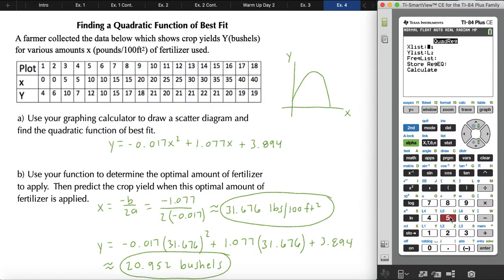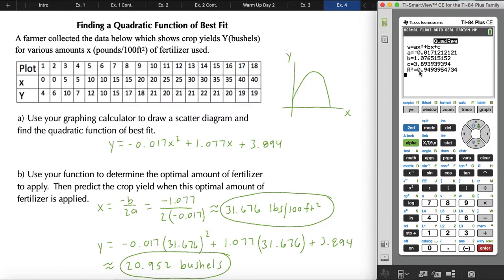When I select option 5, it takes me to here. I want to tell the calculator to store the regression equation into y sub 1. So recall that's just variables, y variables, function, y sub 1. Then we hit calculate and enter. All right, so it comes up with my quadratic parameters in standard form. So the A value should be this number, B value this number, C value this number.